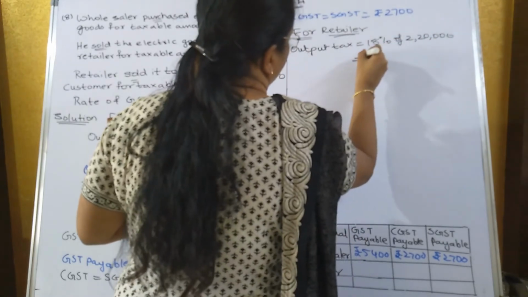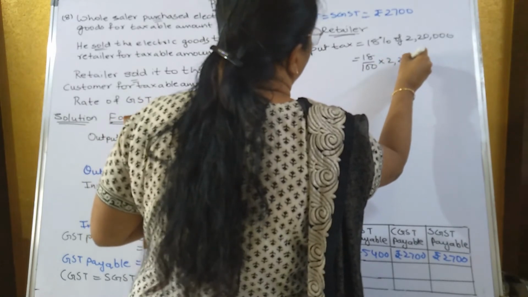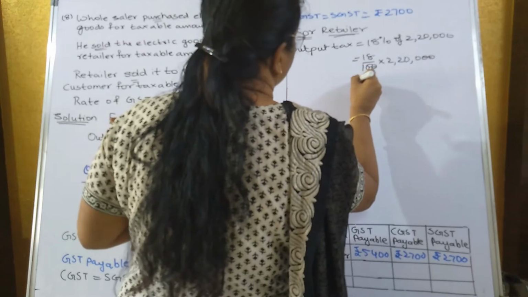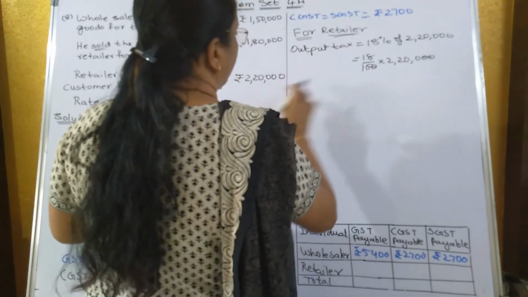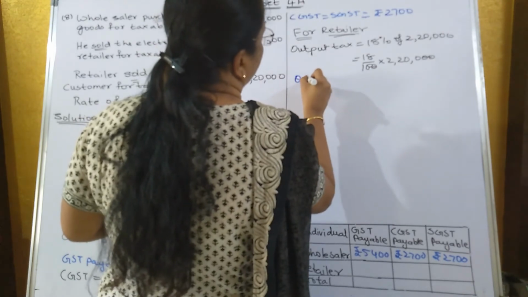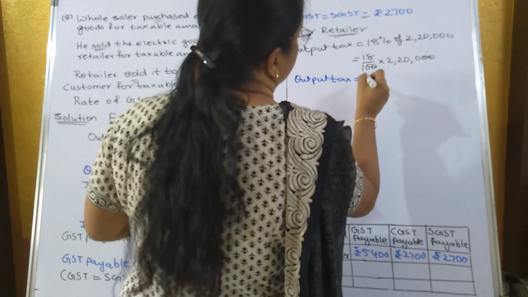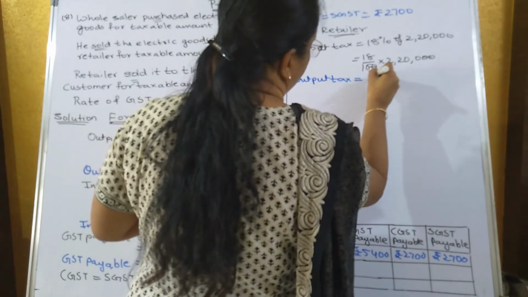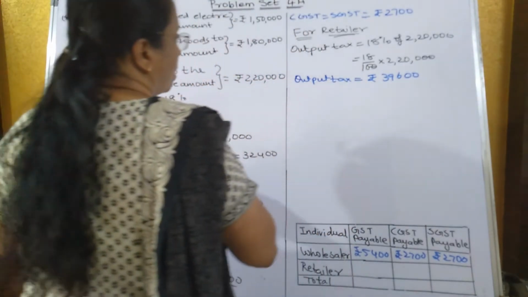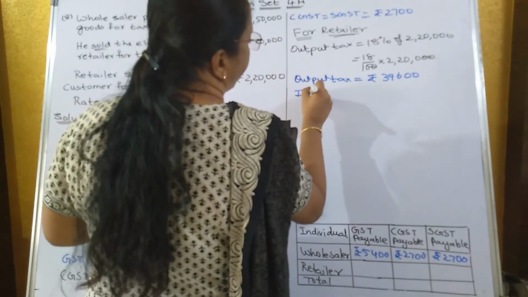So that is equal to 18 upon 100 into 2,20,000. 2 zeros will go away. That is equal to how much? When you multiply this, you will get output tax is equal to rupees 39,600.